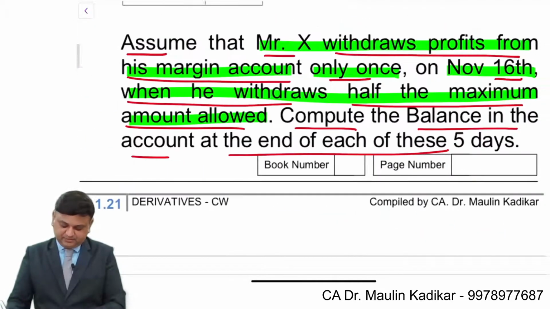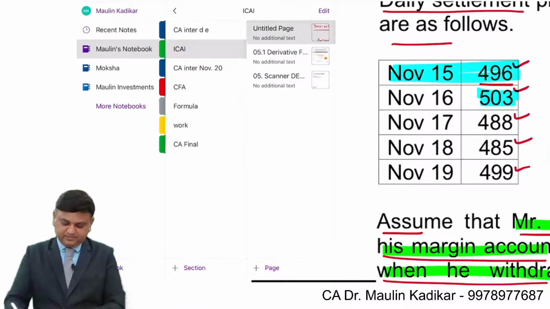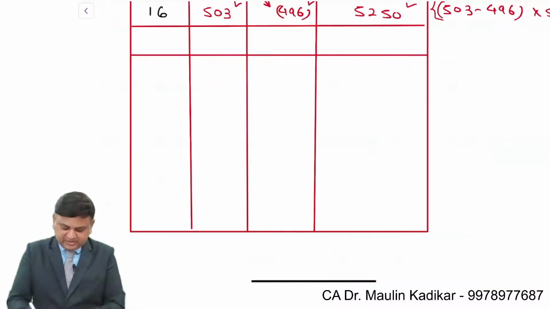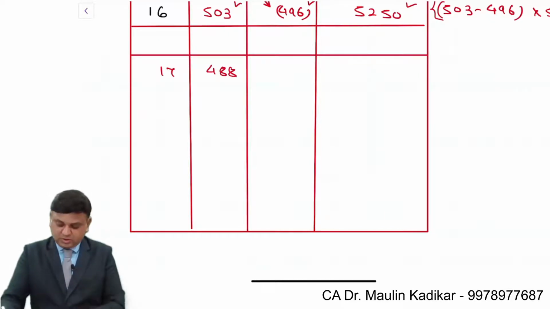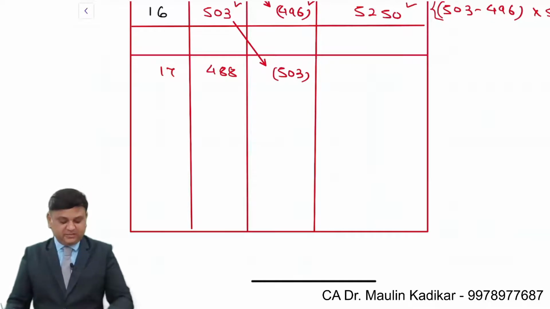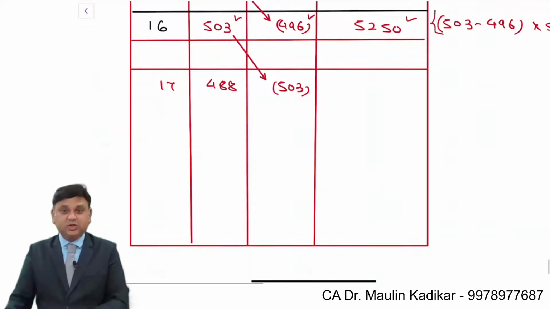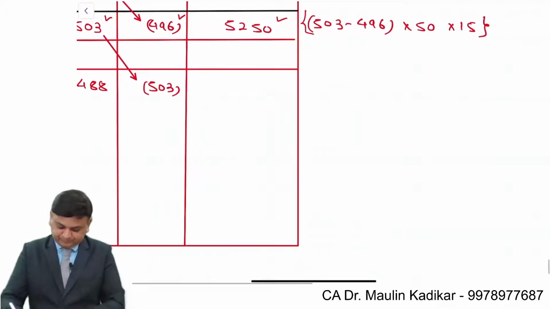Now on 17th, the closing price is 488. So now what will happen again? This will become the purchase price 503 and 488 becomes the sale price. So we understand 488 minus 503. So there is a loss of 15 rupees per share.